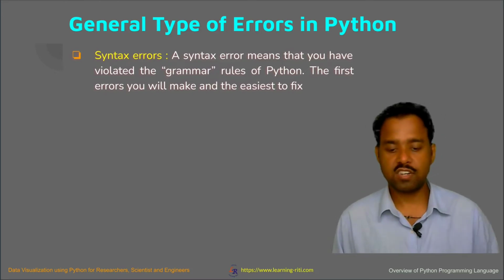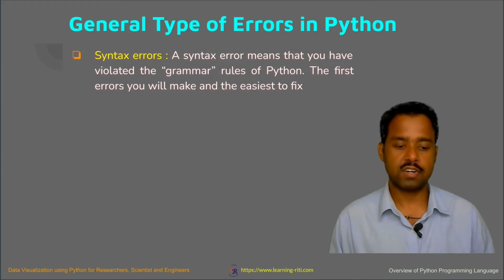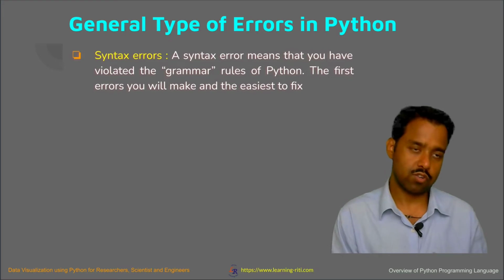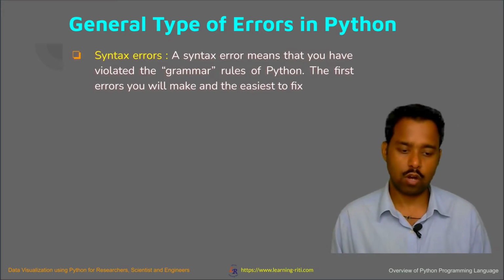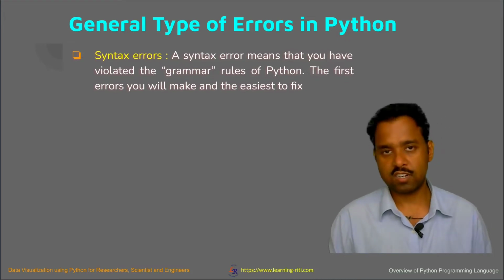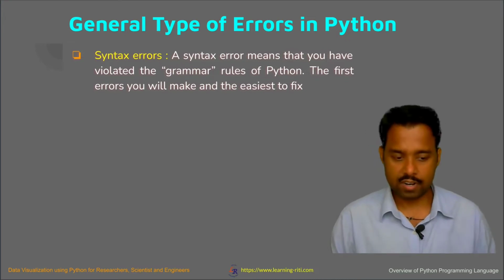First is the syntax error. A syntax error means that you have violated the grammar. As we said, there is a particular sequence, and the vocabulary and grammar should be followed. If you don't give them in the correct grammar, Python will not understand and will not execute it, and you will not get the desired result.